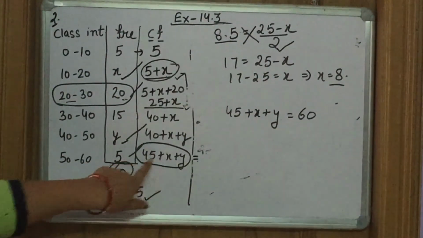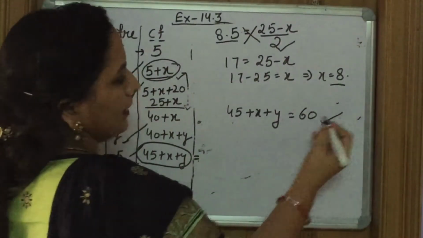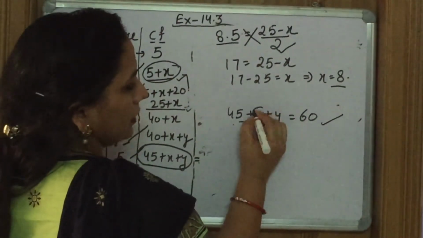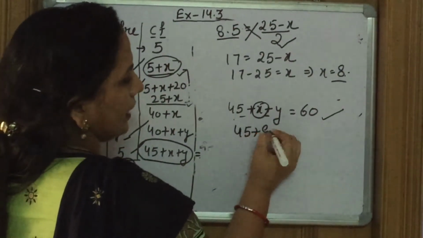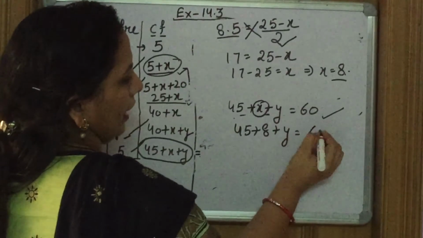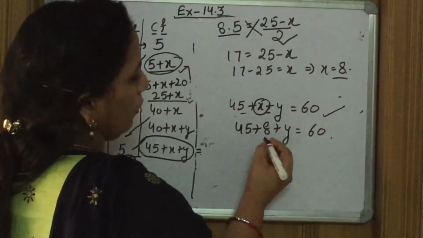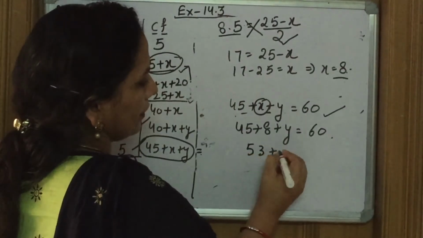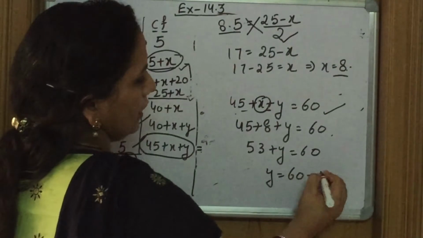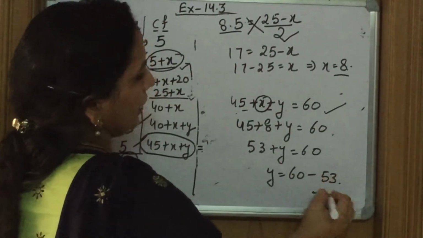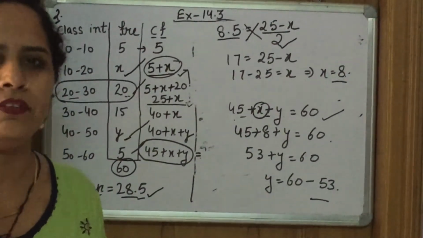That means both of the terms must be same. So we can write it like this. In this term we can put the value of x, that is 8. And from this calculation we can easily find the value of y. Then y will be equal to 60 minus 53, that is 7. So this is our value of x and y.